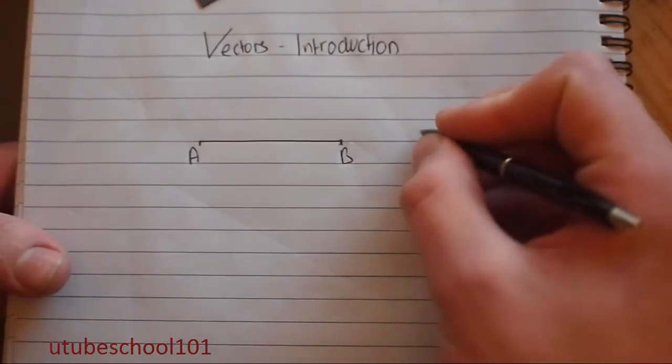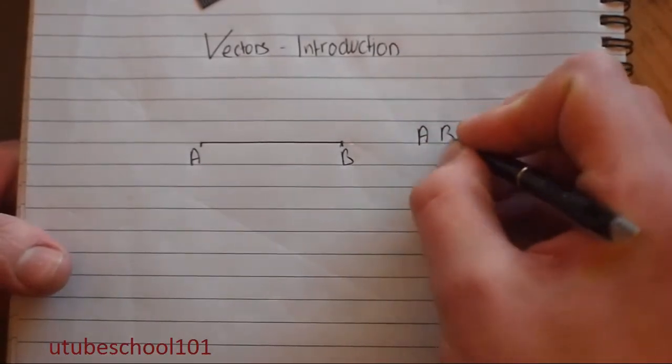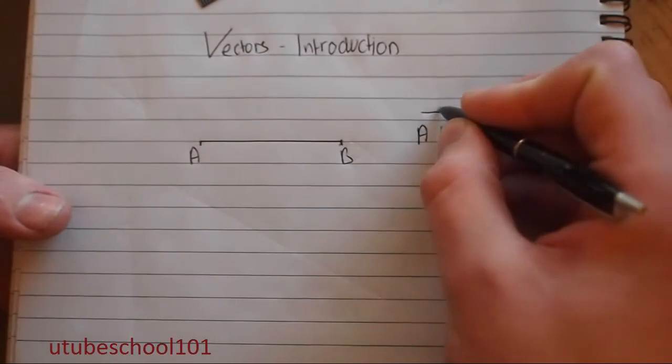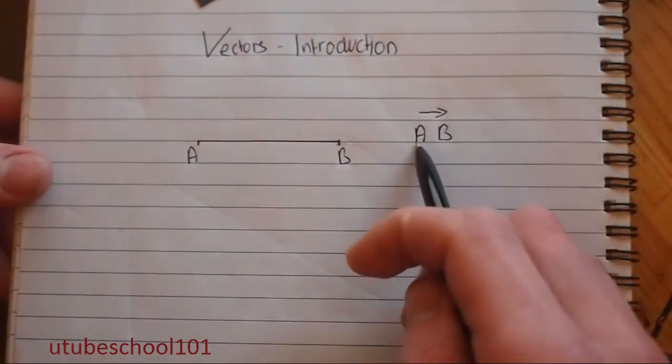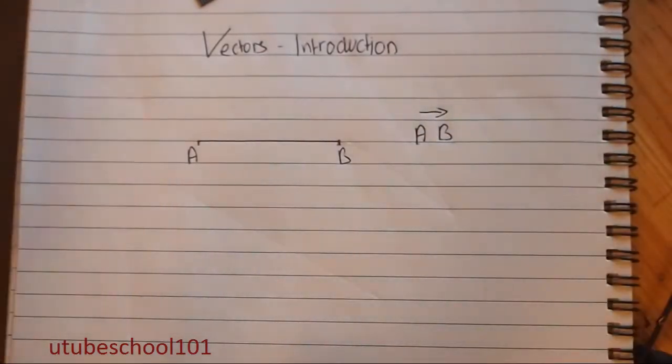So a vector would be written like this: AB, and then the direction. So you're moving from A to B. Effectively, this is all a vector is.